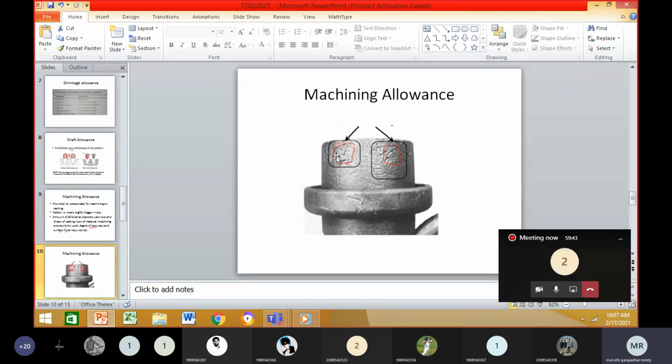Here you can observe the red colored portion as an irregular surface, which is not smooth. If it has irregular surfaces, I can remove them by performing the grinding operation.